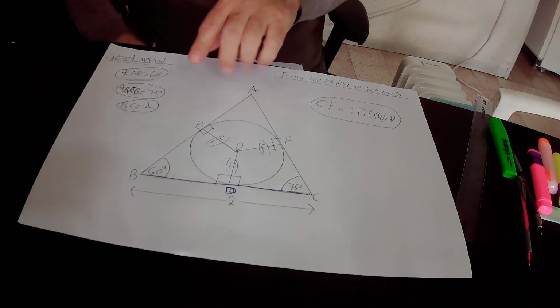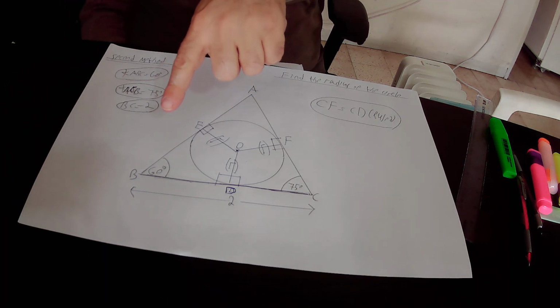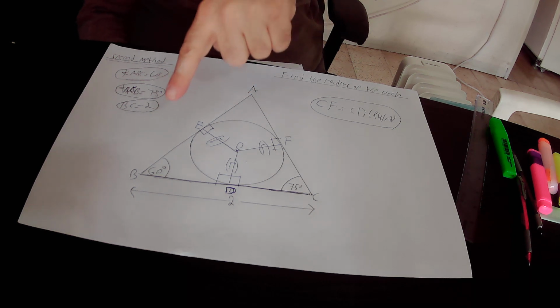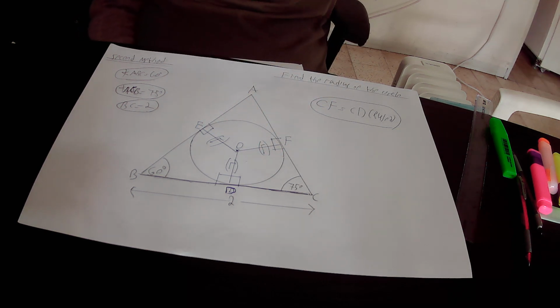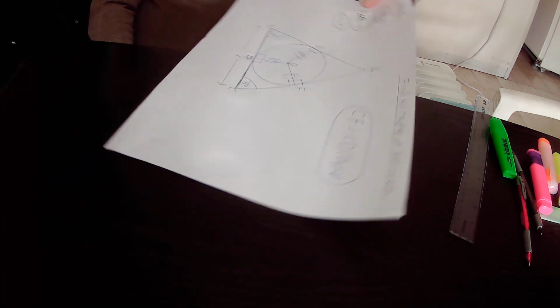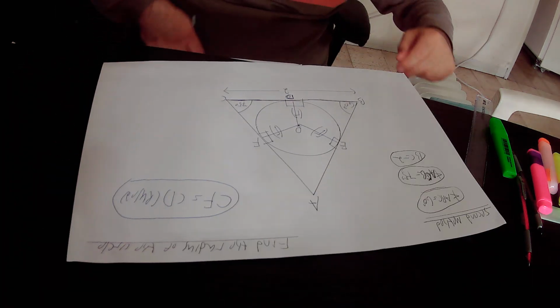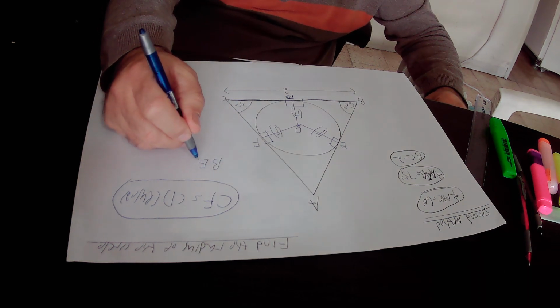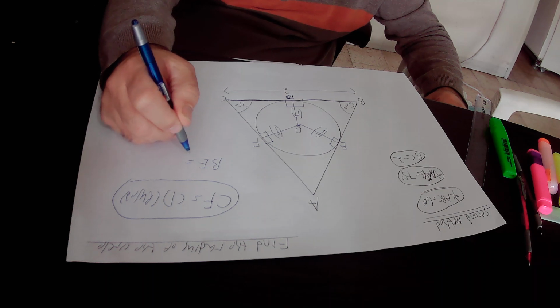Likewise, we focus on the common start point B. From the common start point B, we have two tangents to this circle, tangent BE and tangent BD. And according to rule number 2, they are equal to each other. So BE equals BD according to the same rule number 2.